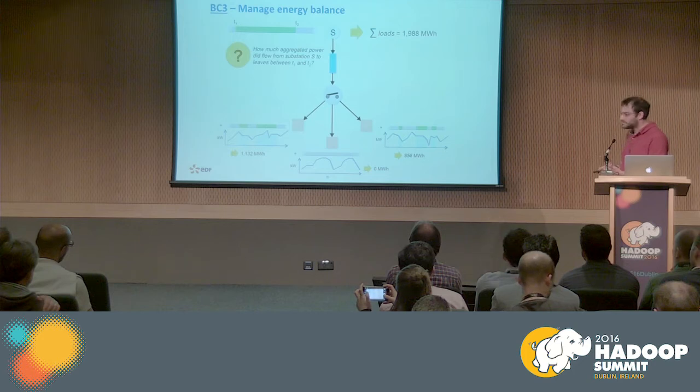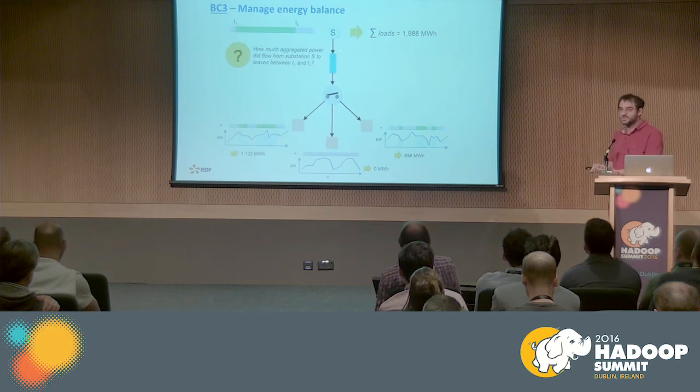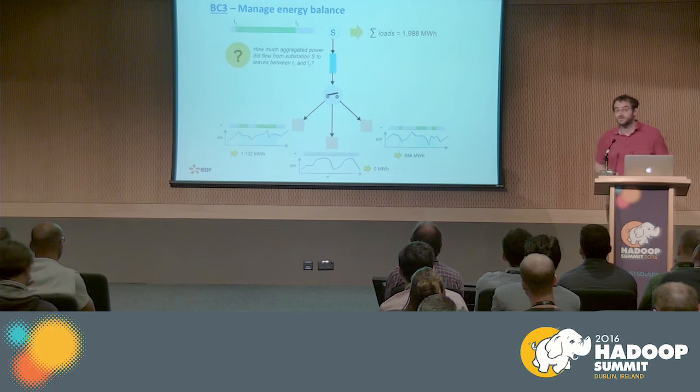And when we sum up all those equipments reachable from the source S, we get the total power that the source S had to supply during the interval T1, T2. And so we can track how much the source S was stressed, for example, if the network was imbalanced. We can see this through this kind of metrics.